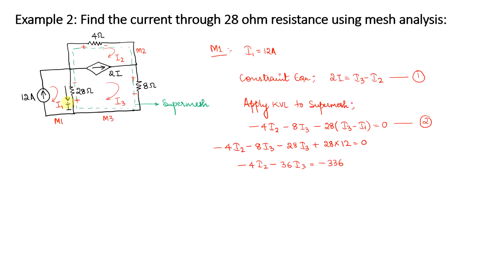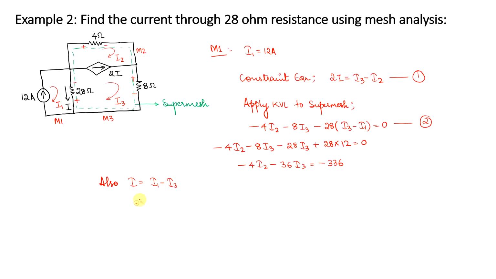So it would be more convenient if you consider I1 to be the dominant current. So you can write the equation for current I as I equal to I1 minus I3.